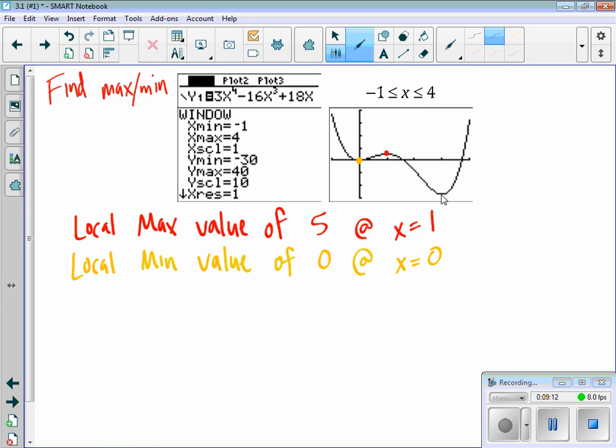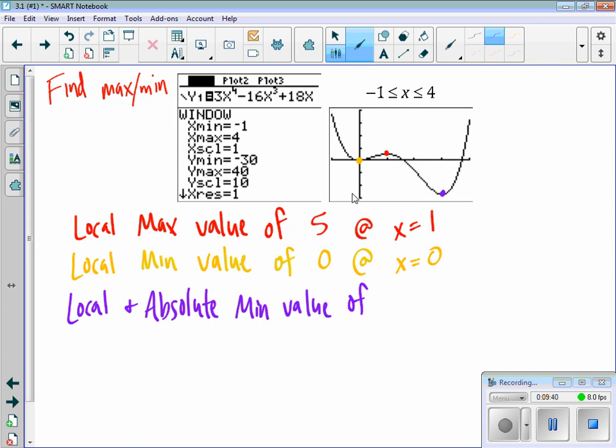Okay, how about this one over here? Yeah, it's both. It's local and absolute. So local and absolute min. And the value there is -27.